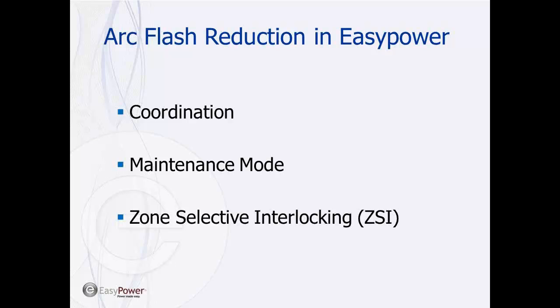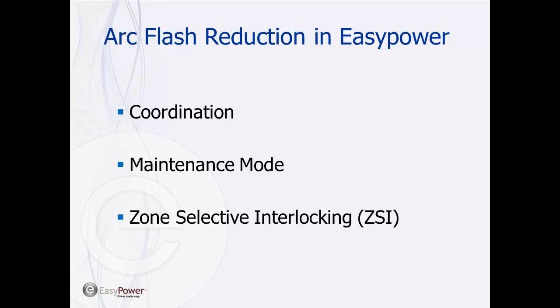And then as you get into the lower voltage systems with the LV PCBs, the low voltage power circuit breakers, enabling short time delay and setting the I2T to on or off.